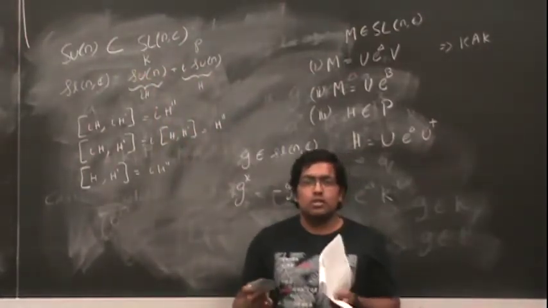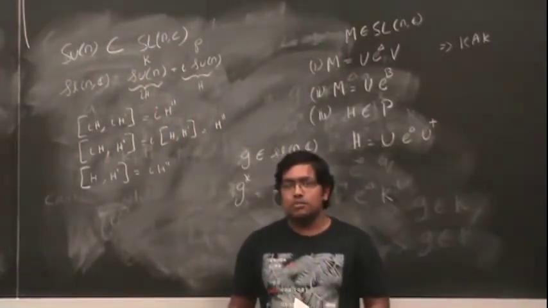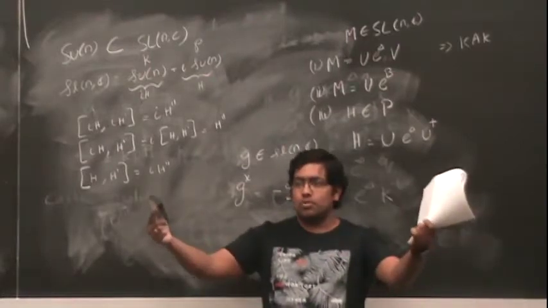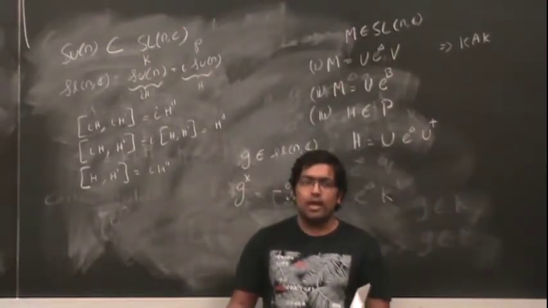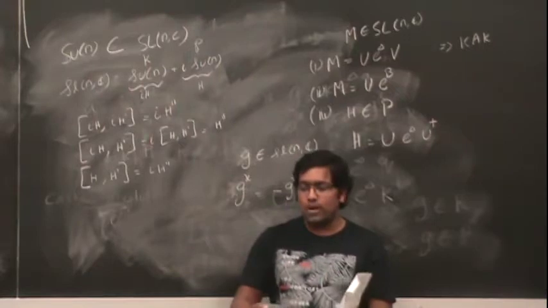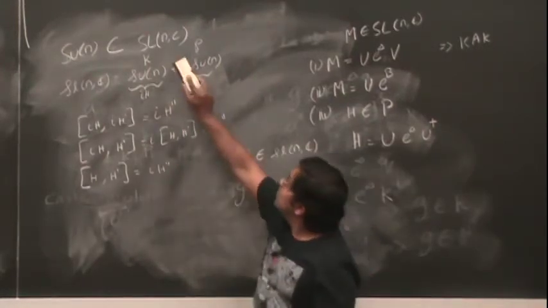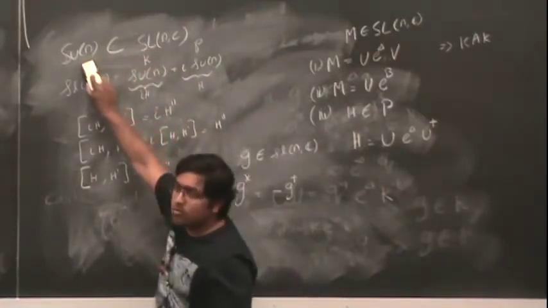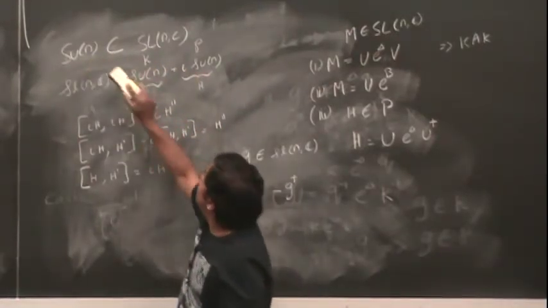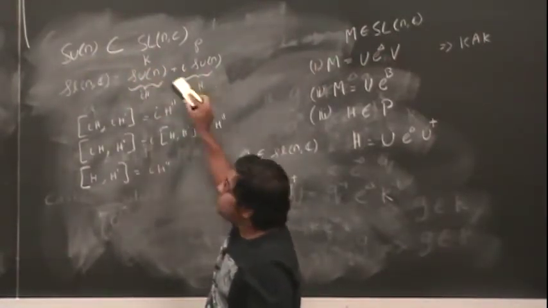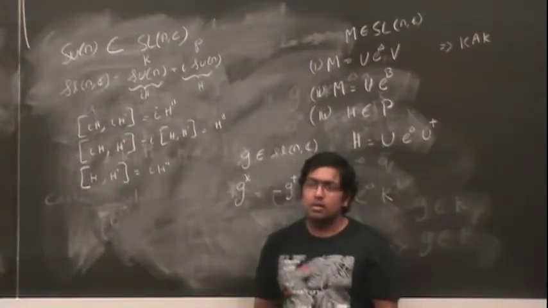Whenever you see the name symmetric pair, it just means that you have a bigger group and a smaller subgroup, and if they form a Cartan decomposition, you call them a symmetric pair.